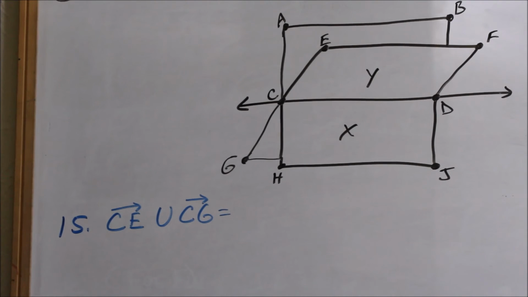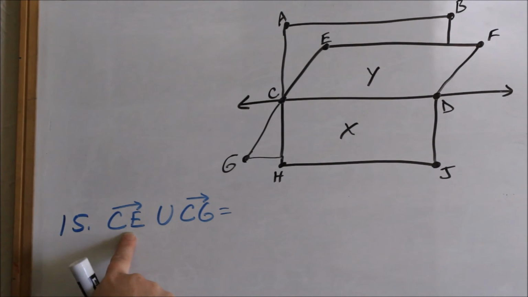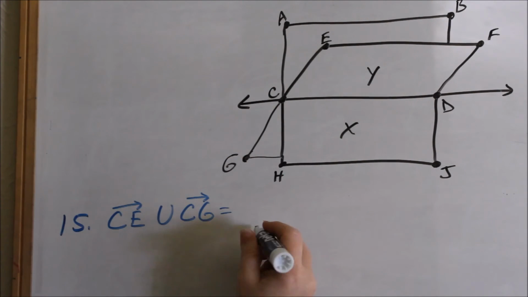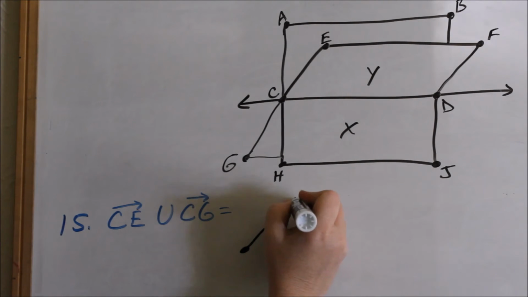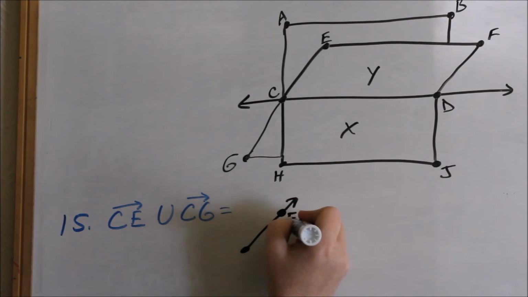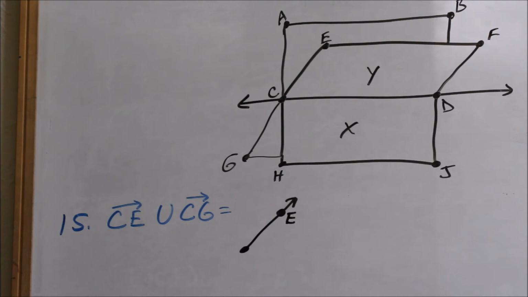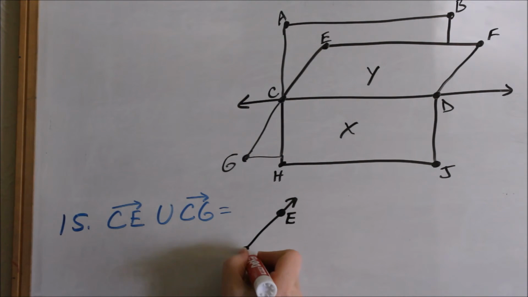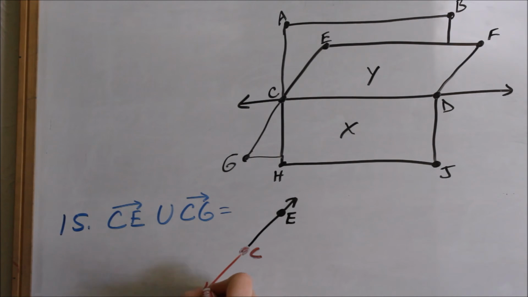So my best recommendation is to draw it. Draw ray CE. Here's ray CE. C is right there. It goes up towards E. There's E. And I'm combining it with ray CG. Here's C, and it goes down towards G.